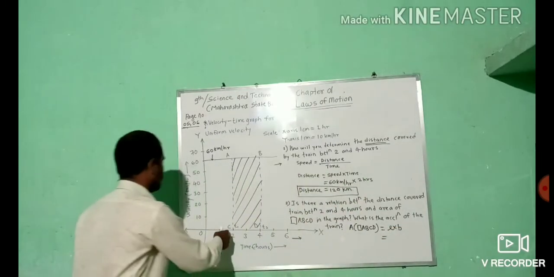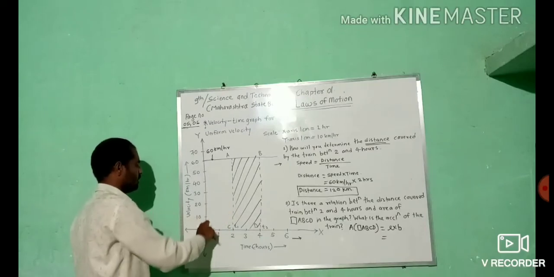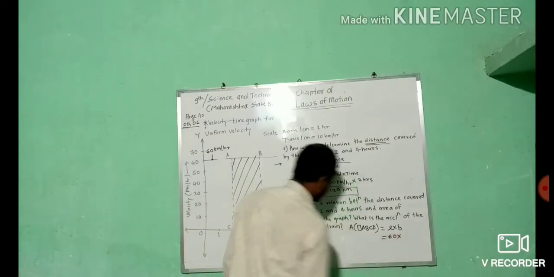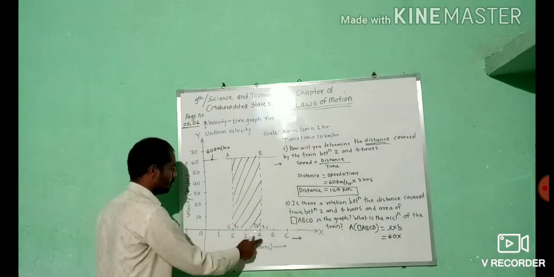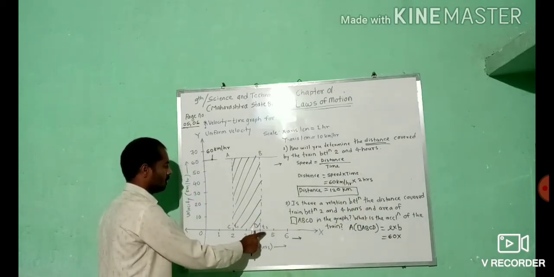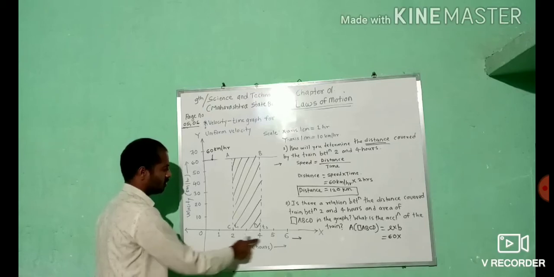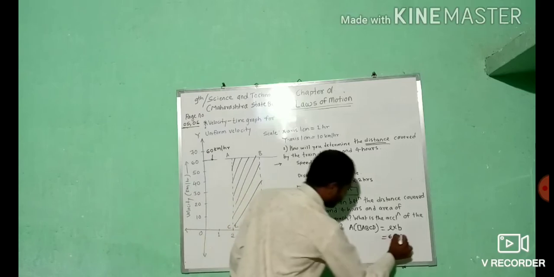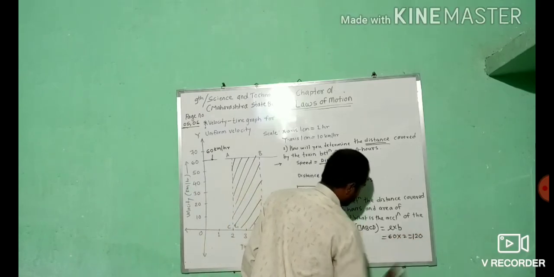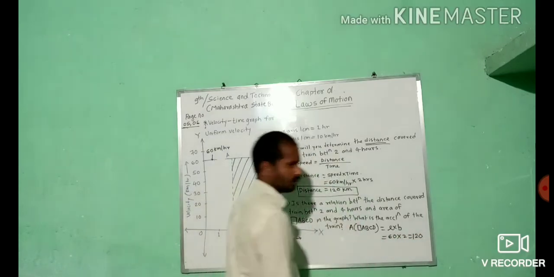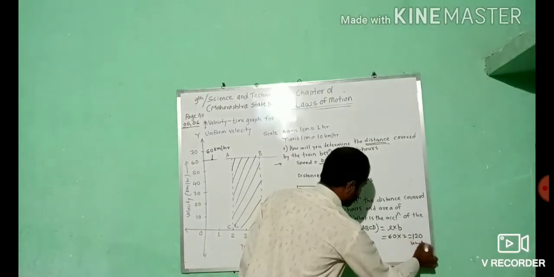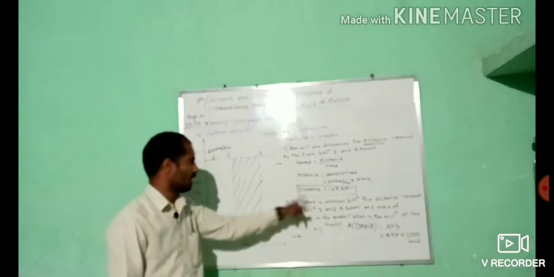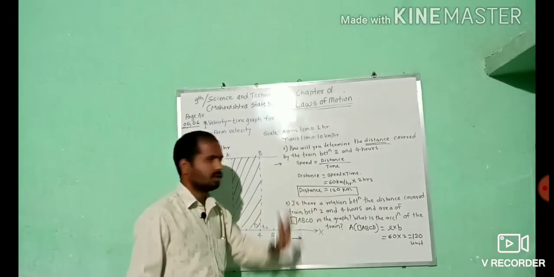The length is 60, and the breadth is the time. What is the difference between 4 and 2? 2 hours. Into 2, you will get 120 units. So there is a relation. Whatever the area and whatever the distance, it's the same.